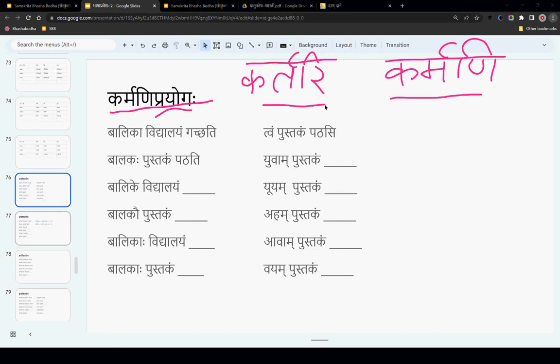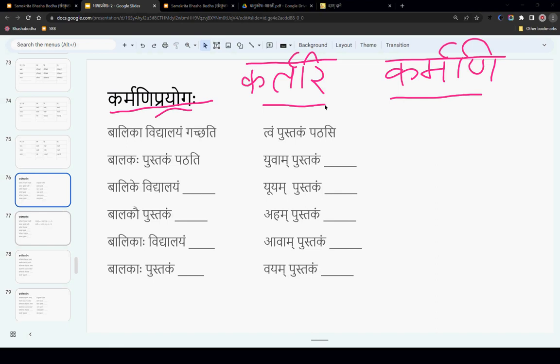There are two words you can use. So when you say Aham Devalayam Gacchami, you can also say Aham Devasya Alayam Gacchami. Both are equally correct. Both sentences. Aham Devasya Alayam Gacchami. I go to the abode of Deva. So you can say that.